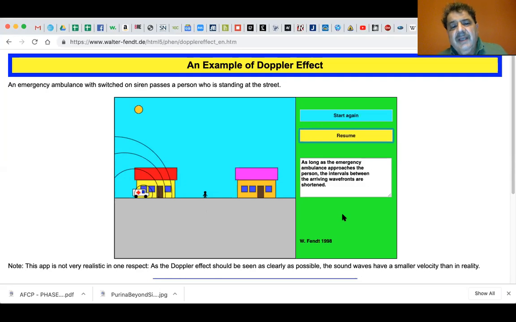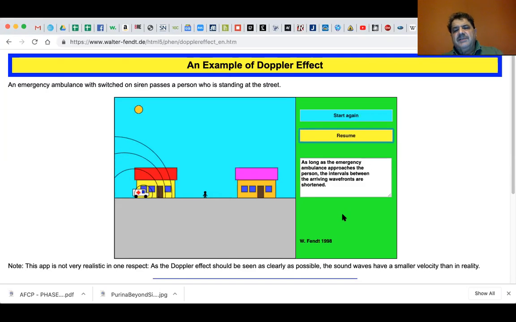What we have here is a stationary observer at the side of the road, and this is back in the old days when the sirens used to just be a single tone. Now there's all sorts of sirens. You can think of it as a car horn. Like if somebody just pounces on their car horn and travels toward you, this is the same effect.